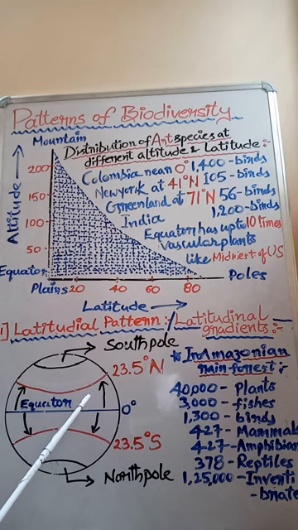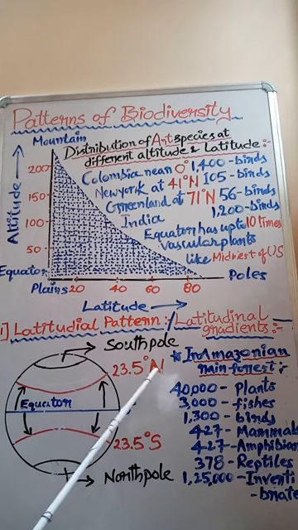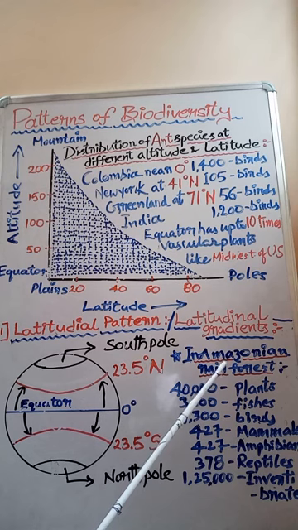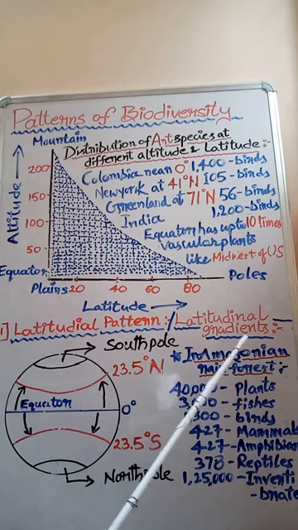So there is more species richness at the tropics region compared to the poles and temperate regions, between 23.5 degrees north and 23.5 degrees south. For example, the Amazonian forest, which is located in South America, has more than 40,000 species of plants, more than 3,000 species of fishes, 1300 species of birds, 427 species of mammals, amphibians, and 378 species of reptiles, and 125,000 species of invertebrates, for example insects, and amazingly nearly 2 million species of insects are waiting to be discovered and named in the Amazon forest only.